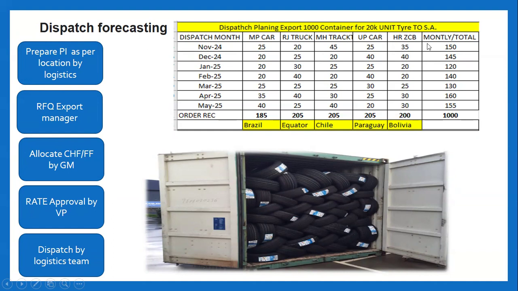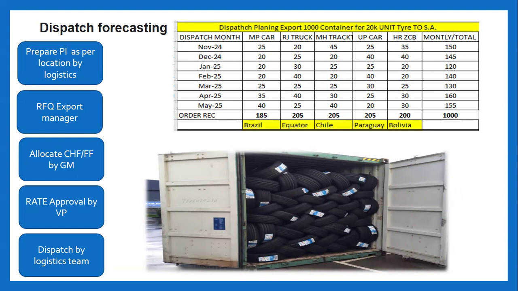Okay, so this order needs to be divided on a weekly basis, because we have appointed the freight forwarders who give us service. But there is a problem: there are 150 containers, and these 150 containers cannot be dispatched in 1 week, so we have to divide these 150 containers on a weekly basis.